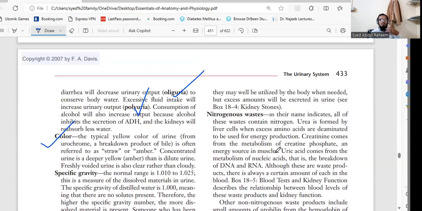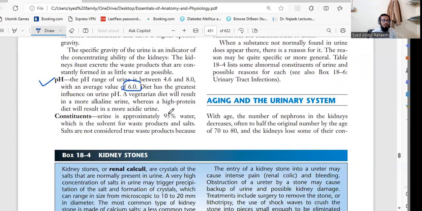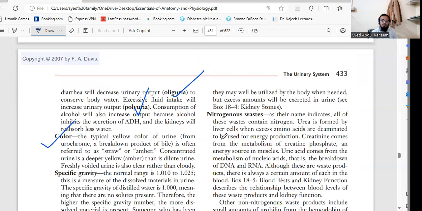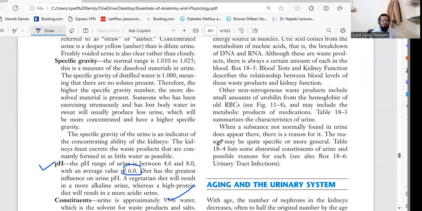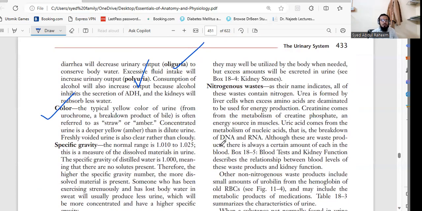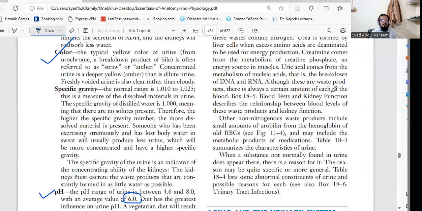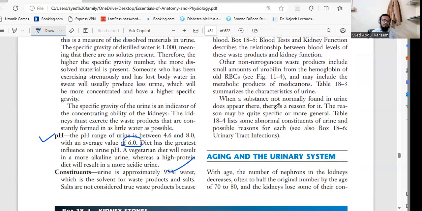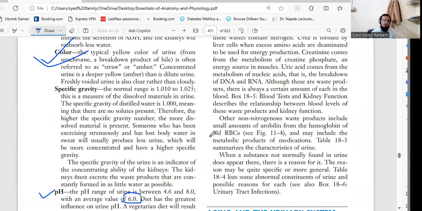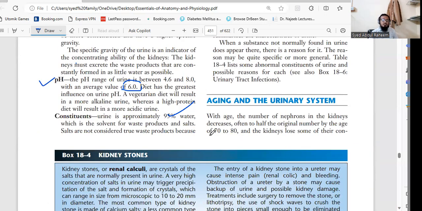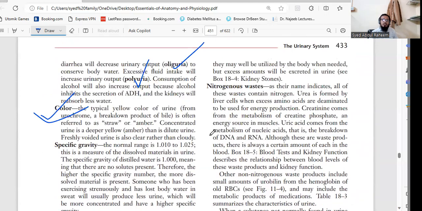What is the constitution? What things are present in the urine? Mostly 95% is water and other waste products like creatinine, nitrogenous waste, everything is present in the urine. We have one test that is called the urine test. In the urine test, you will see all the things: the pH level, the color, the nitrogenous waste, sugar levels, everything is checked in the complete urine test.